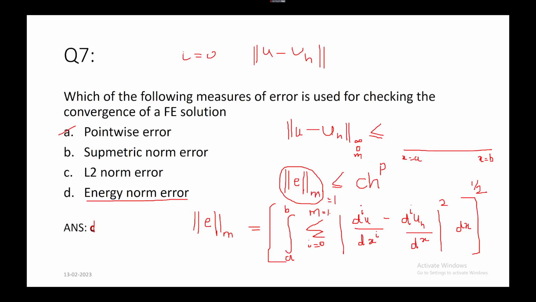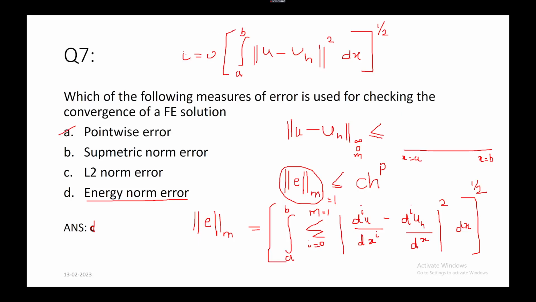So if m is equal to 0, sorry, i equal to 0 and m equal to 0 also, you will only have the u minus u_h term. You will have this whole squared, integrated from a to b with dx, and you have the square root.